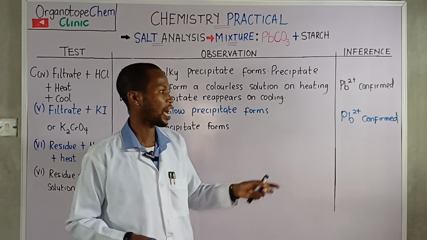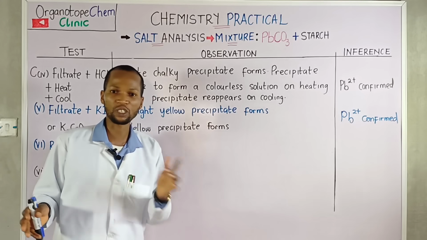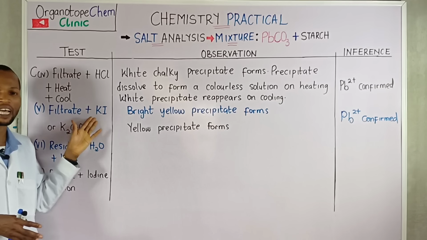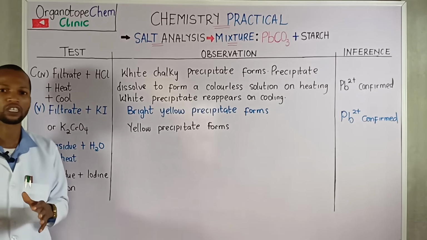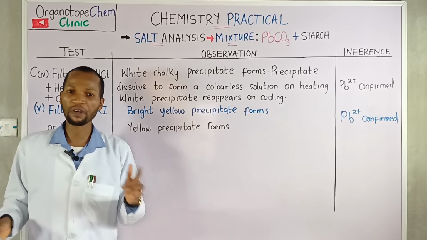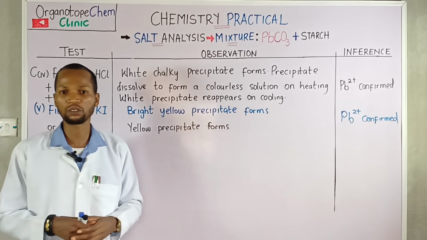So we can have this as the second confirmatory test for lead 2 ion. This test was carried out by adding potassium iodide or potassium chromate to the fourth portion of our filtrate. So the yellow precipitate formed confirmed the presence of the lead 2 ion.